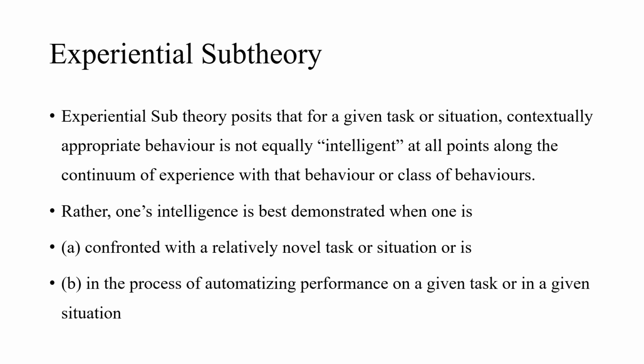And the next aspect Sternberg talks about in his theory is the process of automatizing performance of a given task. When a task is given to a person, how easily can the person automatize the task and make it easier for themselves? So these are the aspects that come under the triarchic theory given by Sternberg.